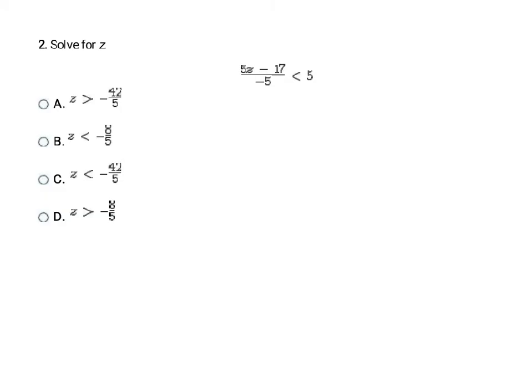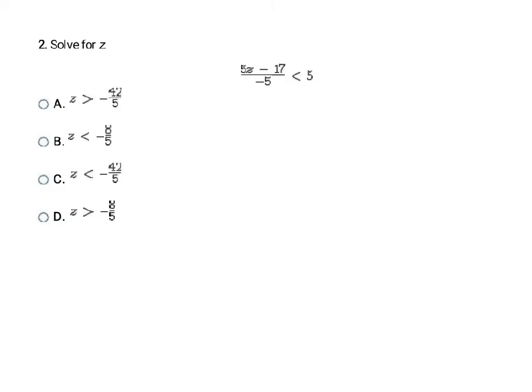These cancel, and I'm just left with 5z minus 17 on the left side, and then positive 5 times negative 5 is negative 25. Now it's a two-step equation, so I'm going to add 17 to both sides first. It's the term without a variable. So these cancel out, and I'm left with 5z is greater than, and then negative 25 plus 17 is negative 8.